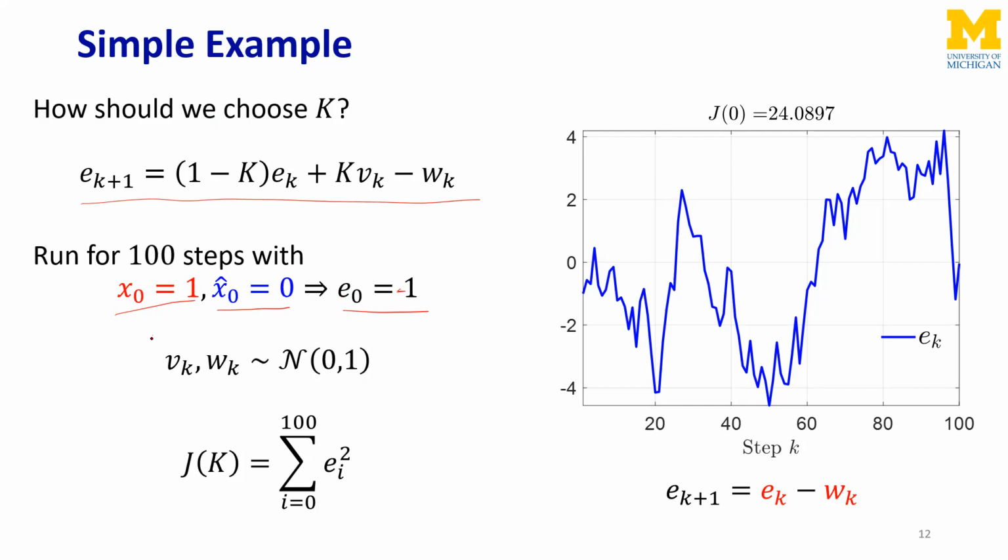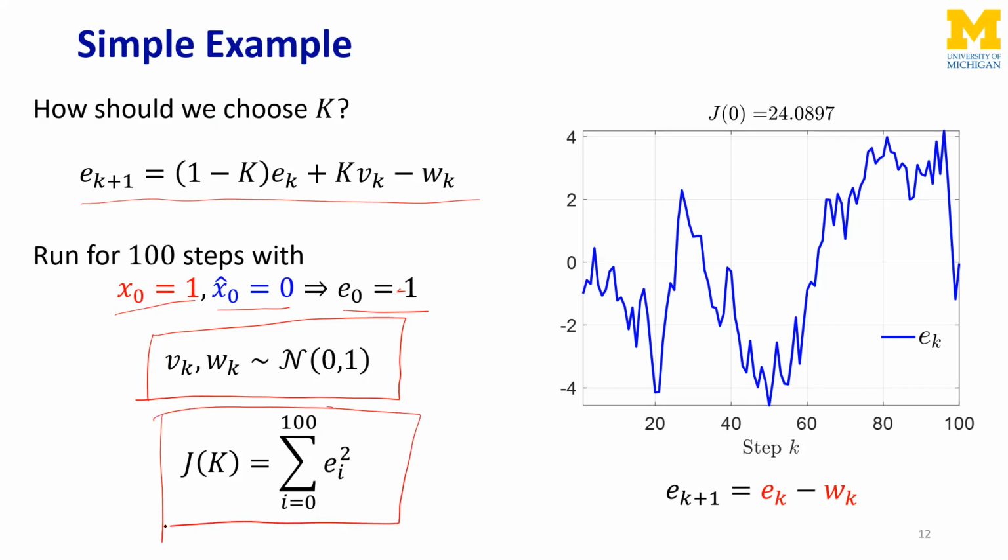And then we are going to assume that both the process noise and the measurement noise are zero-mean Gaussians, which means that they are centered at 0, and their variance is 1. And I'm going to compute this expression. I'm going to take all the errors from step 0 to step 100, square them, and sum them. And I'm going to call that entity J of K, the cost for a specific choice of gain K.